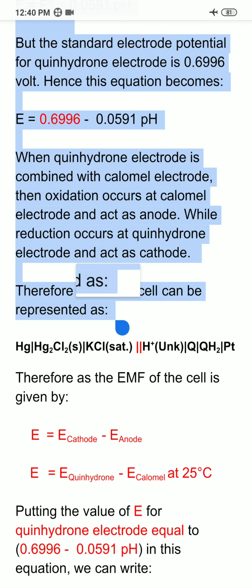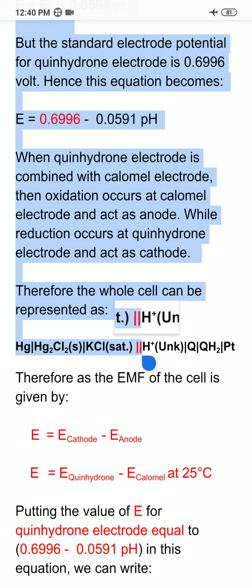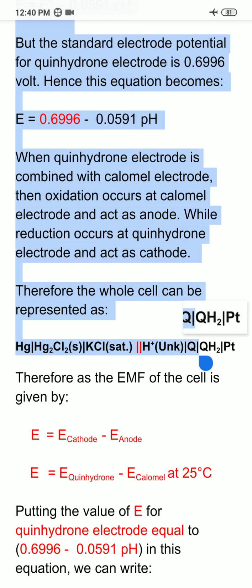Therefore the whole cell can be represented as Hg2Cl2 mercurous chloride solid, KCl saturated solution. Then this double line in red is representing the salt bridge, and the other reduction half is having H positive solution of unknown concentration, and Q means quinone, QH2 means hydroquinone, platinum.